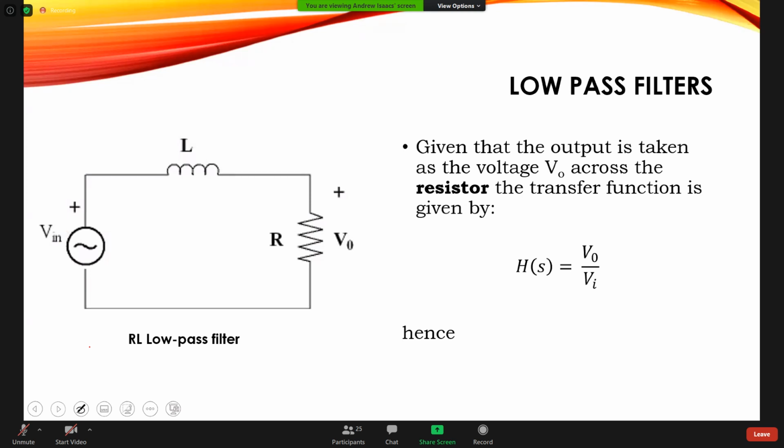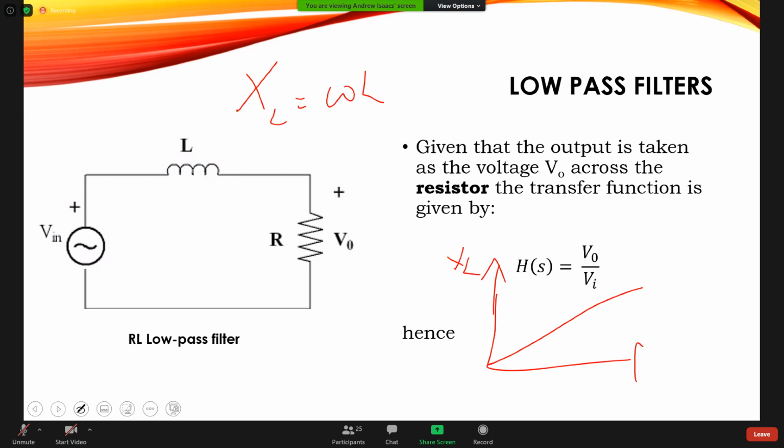At low frequency, we know that XL is equal to omega L. Agreed? So at low frequencies, XL will be small because the relationship between XL and f is a direct proportionality.